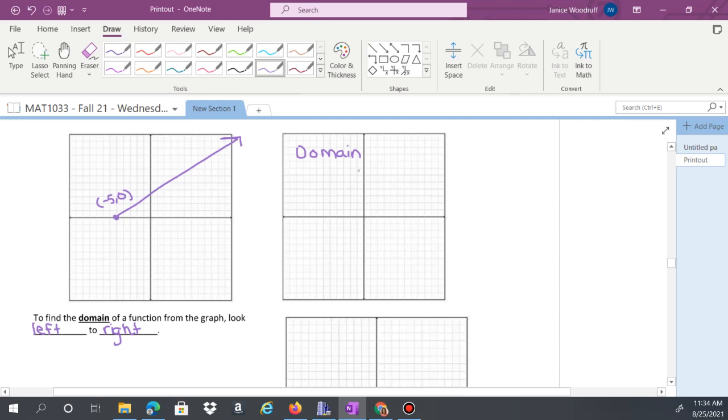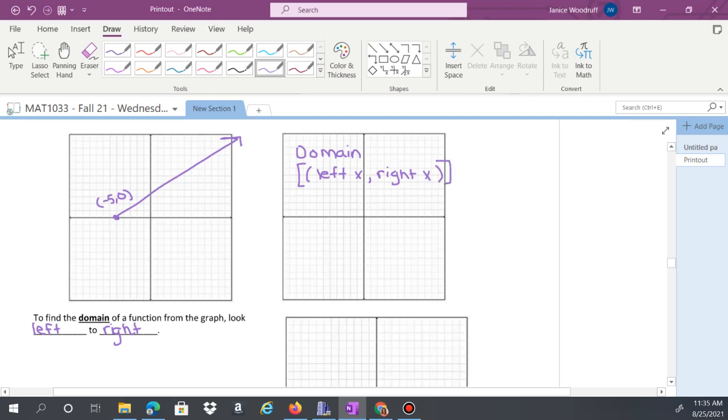So you'll either do a parentheses or a bracket, and then you're going to go your leftmost x, going left to right. So left x, comma, your rightmost x. Okay, pretty much left to right is what we do with inequalities on the number line. So same thing. And then parentheses or bracket.